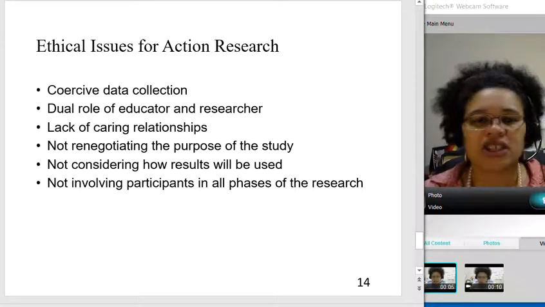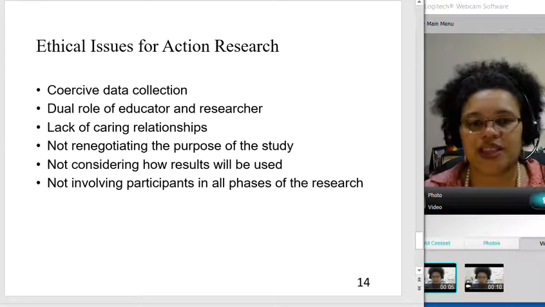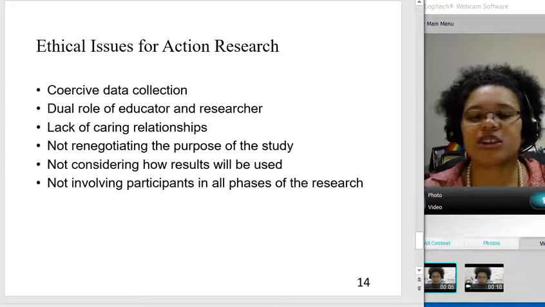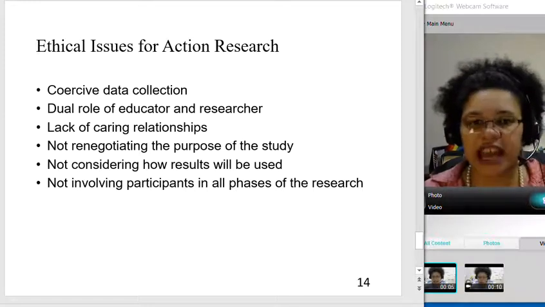There has to be attention to caring relationships within action research, and also a negotiation of the purpose of the study. There needs to be negotiation between the person who's doing research and those who are being researched.